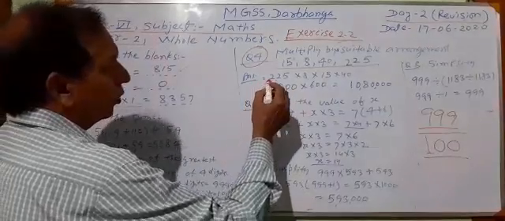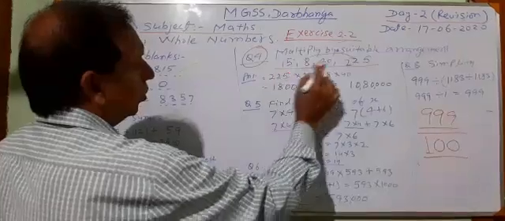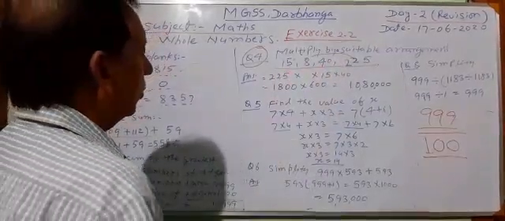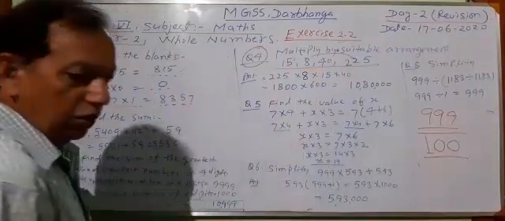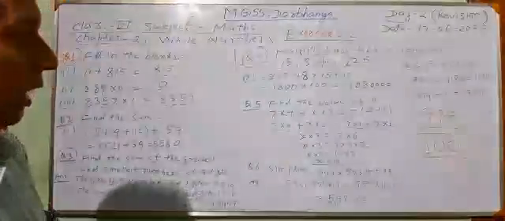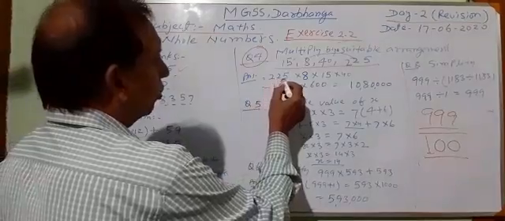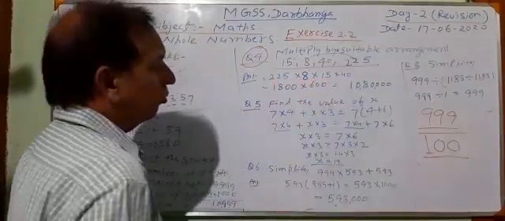Here what we can do: 225 multiplied by 8 will be equal to 1800. It will be a number with 0 at the unit and tens place. Then again multiplication will be easier. So we arrange 225 multiplied by 8 and then 15 multiplied by 40.